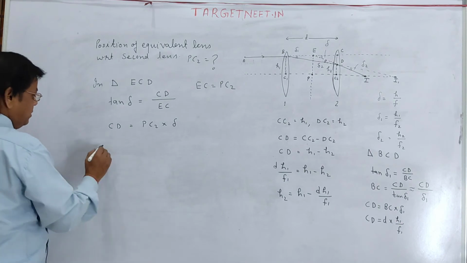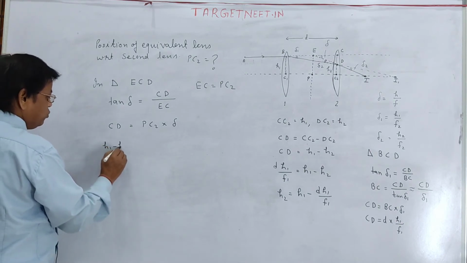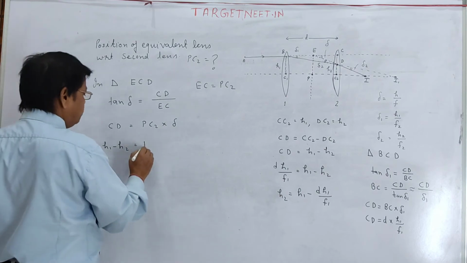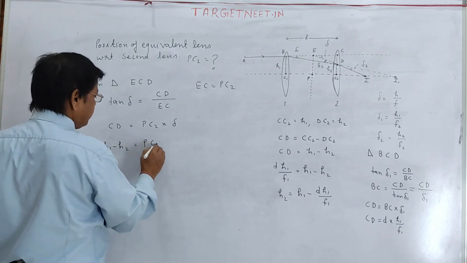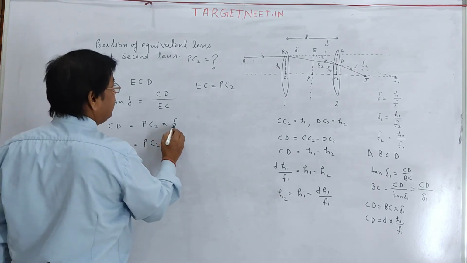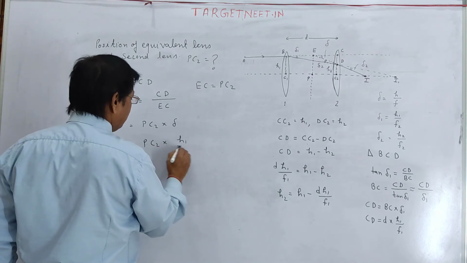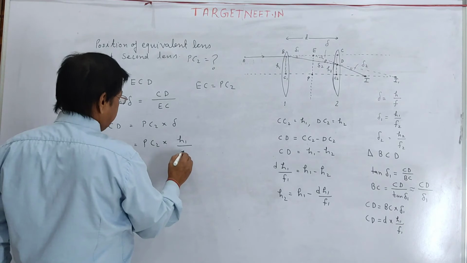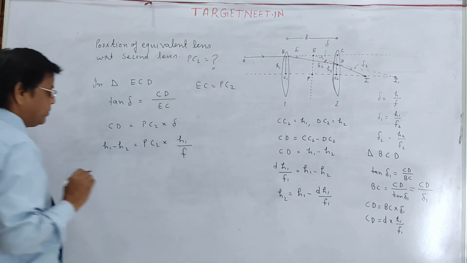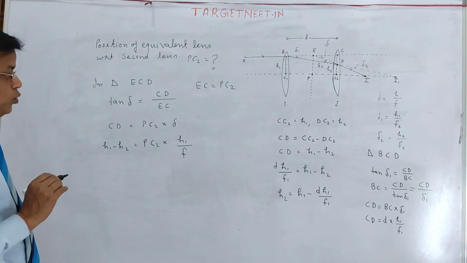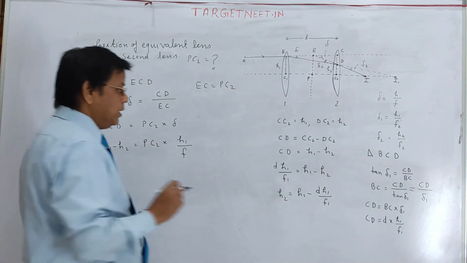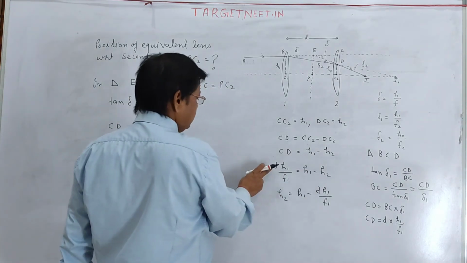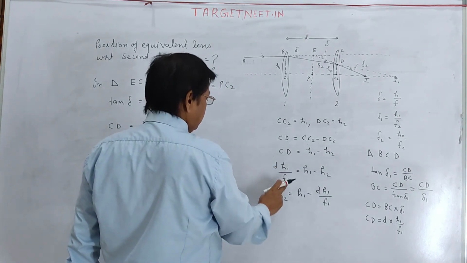Now CD is H1 minus H2, which is equal to PC2 into delta, and delta is H1 upon F. Now H1 minus H2 you have to find. H1 minus H2 is dH1 upon F1.